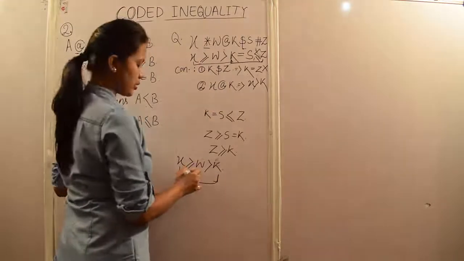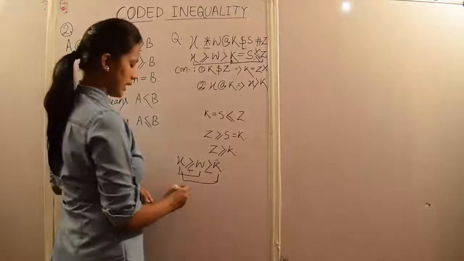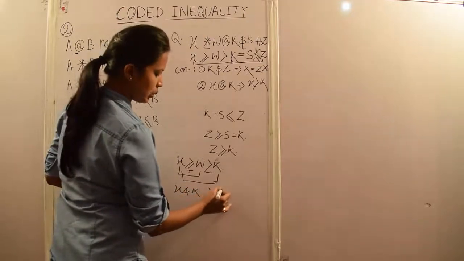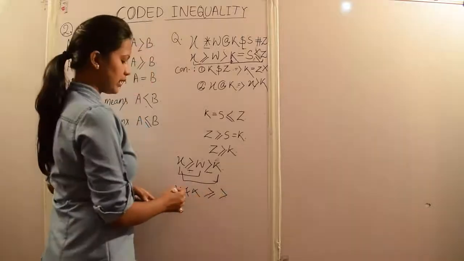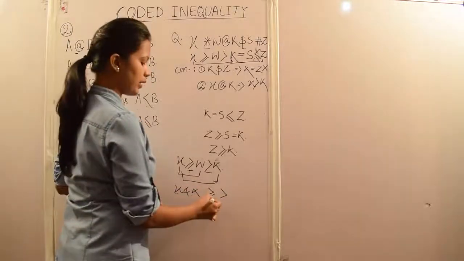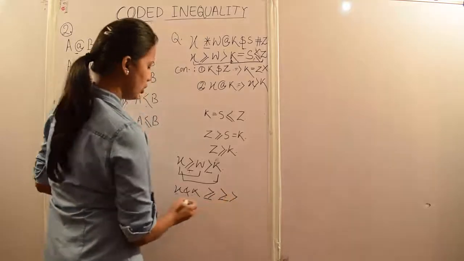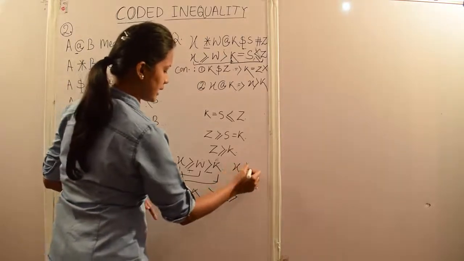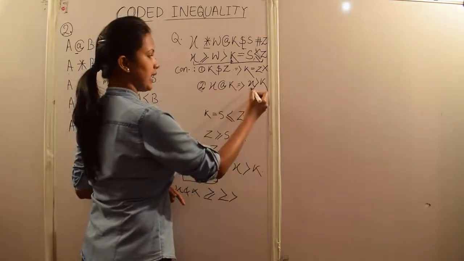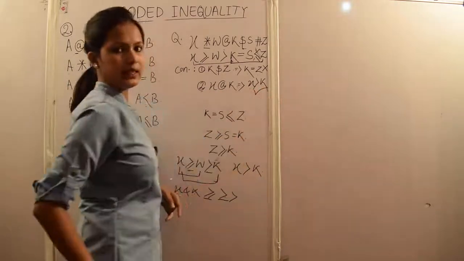If you observe, the inequalities between the two variables are greater than or equal to and greater than. So the relationship between X and K will be the one which is common between the two inequalities, that is greater than. So we can say here X is greater than K. In the conclusion it is directly written X is greater than K. That means the second conclusion is correct.